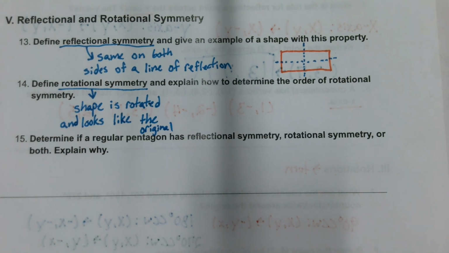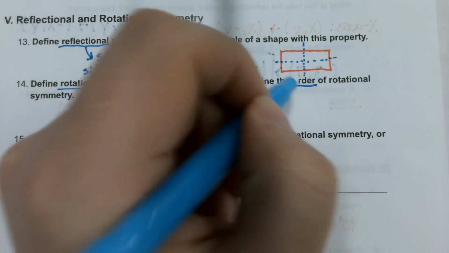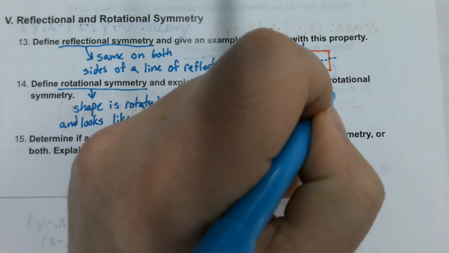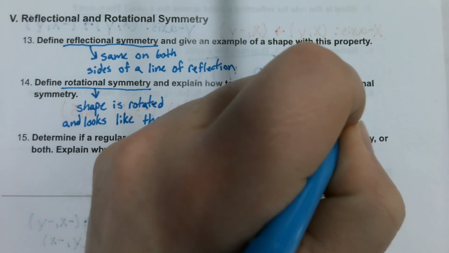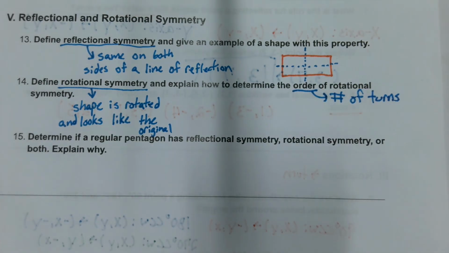So again, if I rotate some sort of shape, that shape would look like the same shape if I rotated a certain amount of degrees. In order to figure out the order, remember order is just number of turns. So depending on the amount of times that we could turn a shape, that would give us the order.